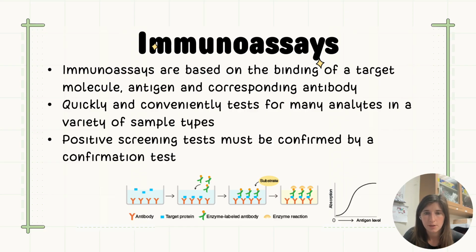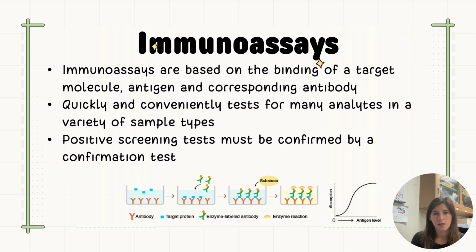So you can see here pretty much the general idea behind an immunoassay. So we have our plate or our well or whatever it is going to have antibodies that are attached. There's going to be target proteins that attach to the antibodies. And then we are going to add in an enzyme labeled antibody.